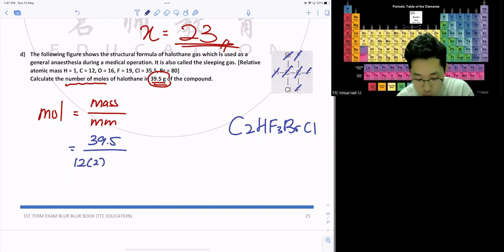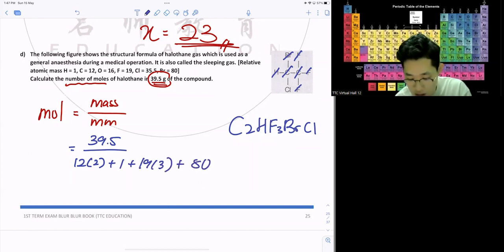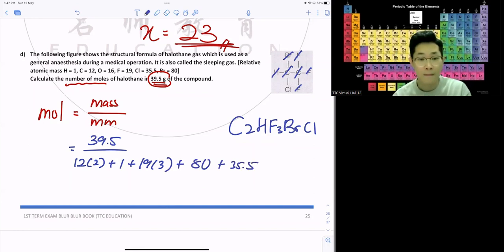C2H plus F3 Br Cl. But this one, everything is non-metal. For this example, everything is non-metal. So we will be getting the answer 0.